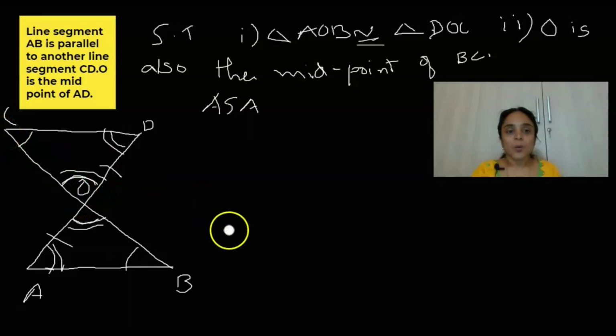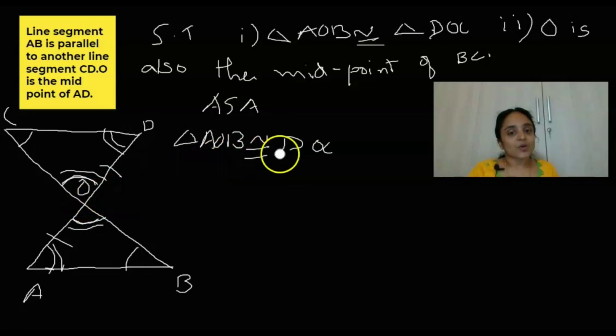Understood? Now, we have to prove that O is the midpoint of BC. Given that O bisects AD, we have to prove that O bisects BC also. Now, how will you prove this? Since triangle AOB is congruent to triangle DOC, the corresponding parts of congruent triangles are equal.